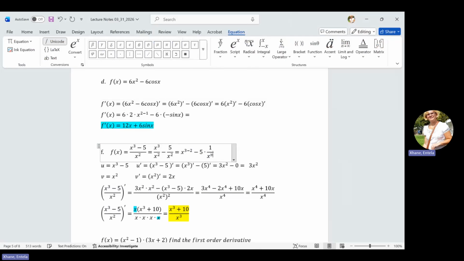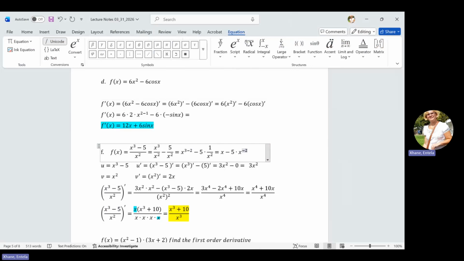The reason you're changing it into a negative exponent is that's going to be the way you differentiate. So altogether, you're differentiating an algebraic expression that looks like this: derivative of x minus 5 times x to the power negative 2.